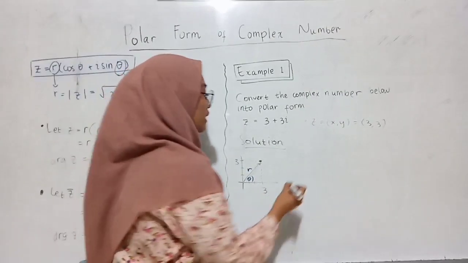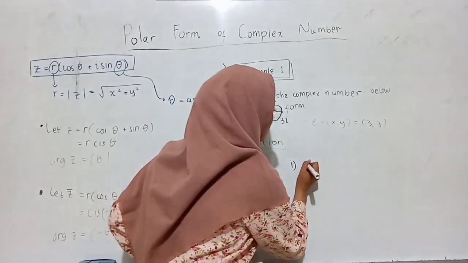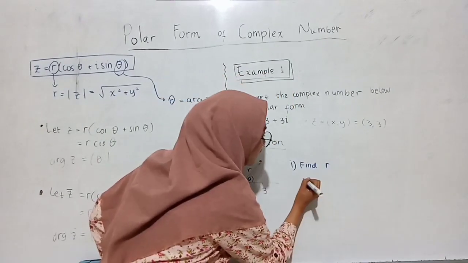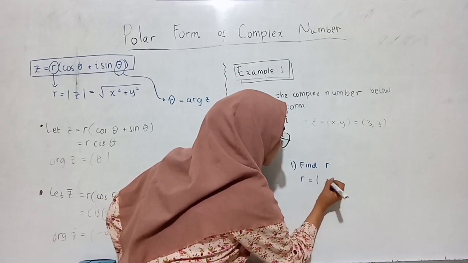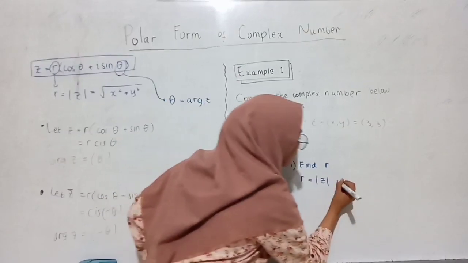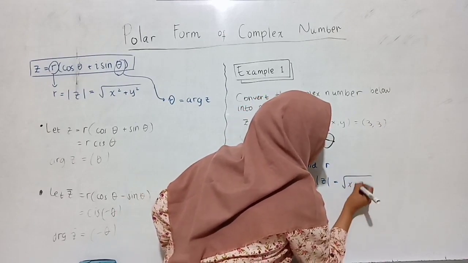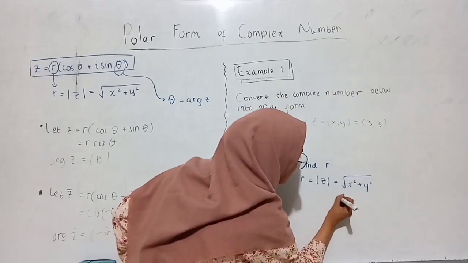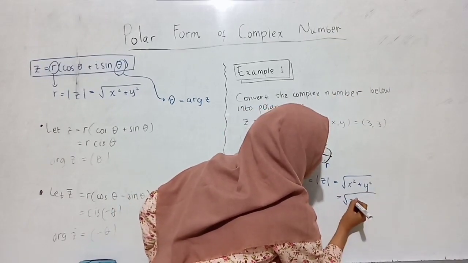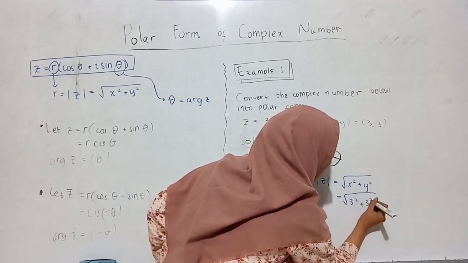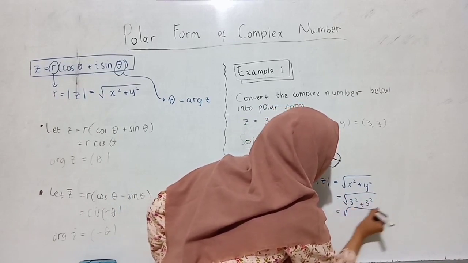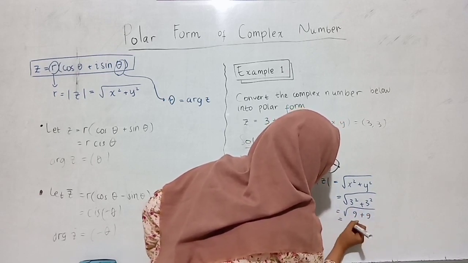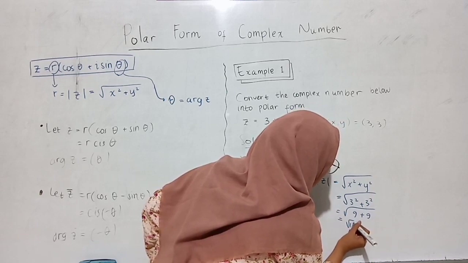Now the first step is to find r. r is the absolute value of Z, which equals the square root of x squared plus y squared, or the square root of 3 squared plus 3 squared, which equals the square root of 9 plus 9, which is the square root of 18.